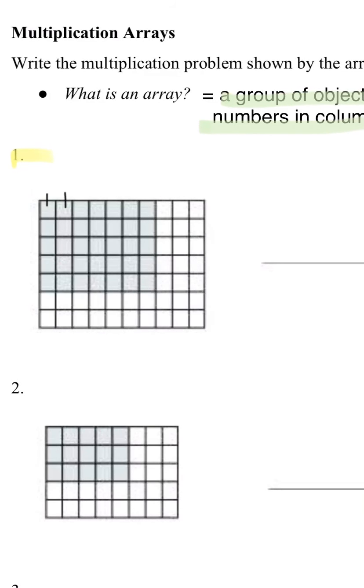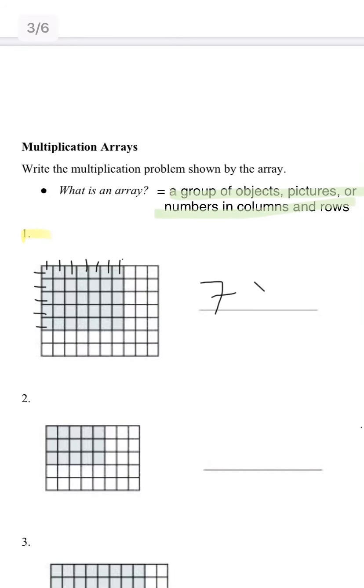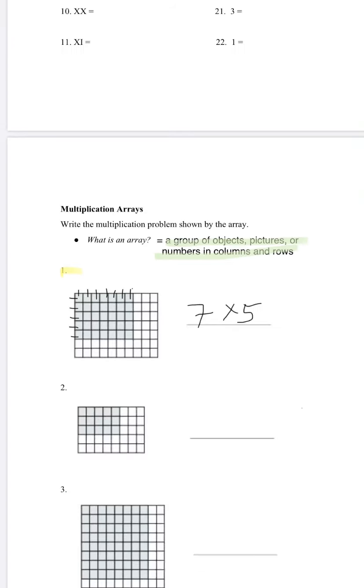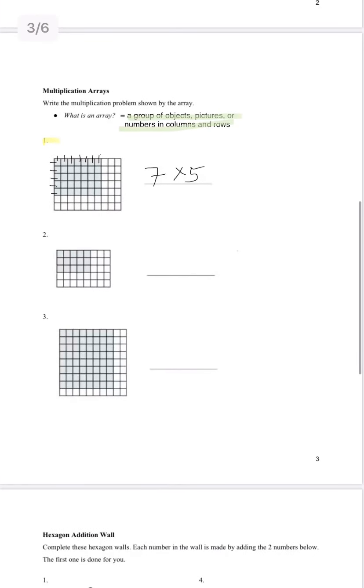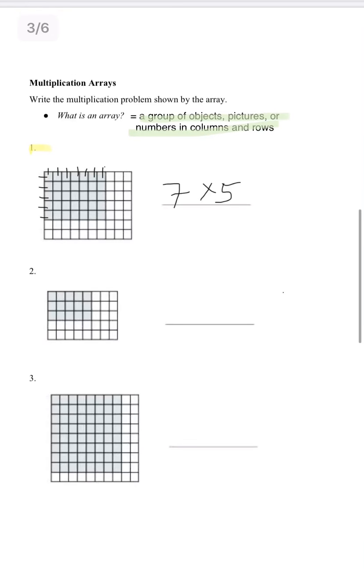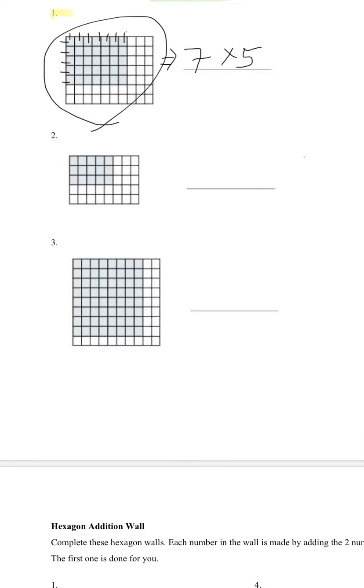It's 1, 2, 3, 4, 5, 6, 7, right? And then 1, 2, 3, 4, 5, right? So then it would be 7 by 5. So this could be represented as 7 times 5, which is 35, right?